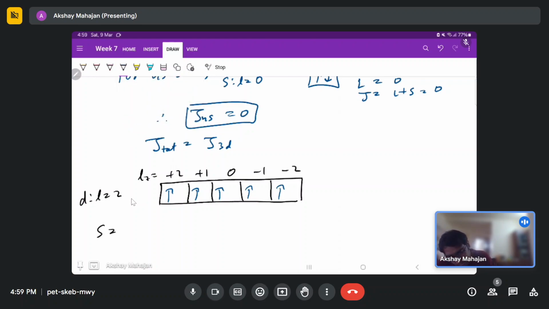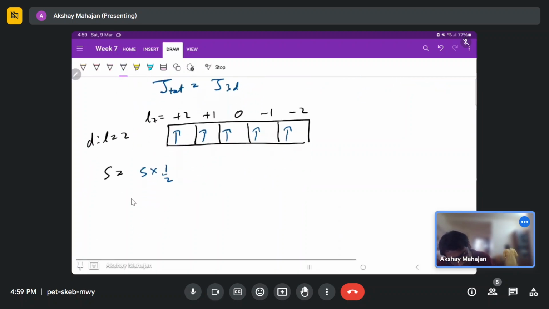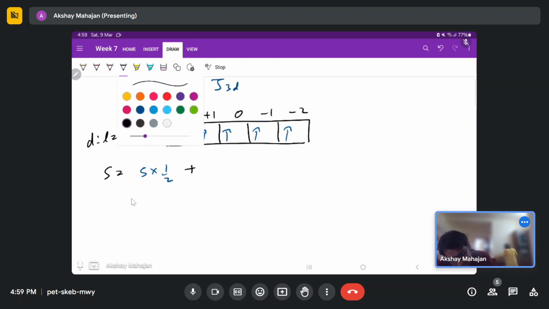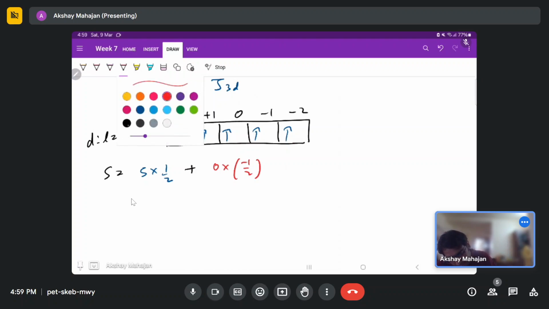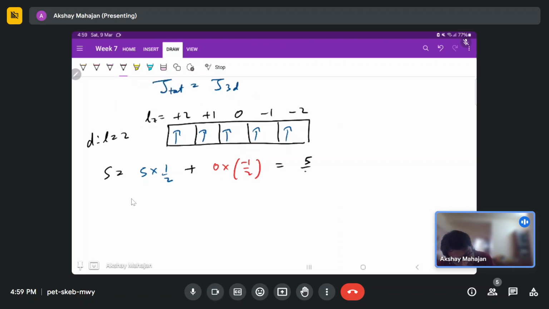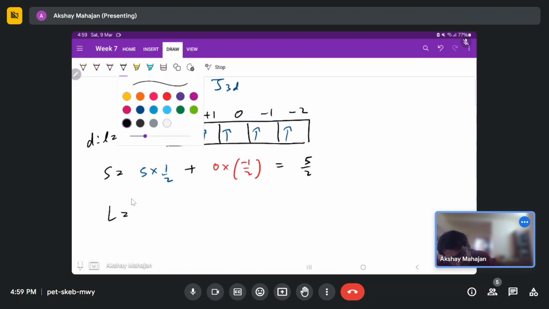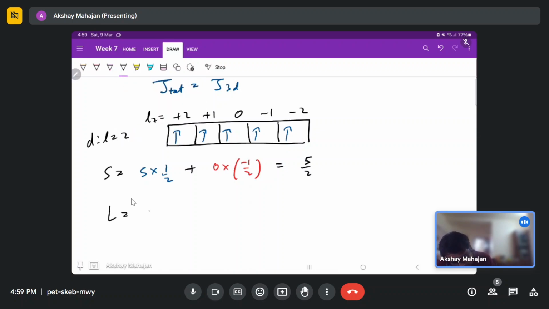So S will be equal to 5 times plus half plus 0 times minus half. That will be equal to 5 by 2.